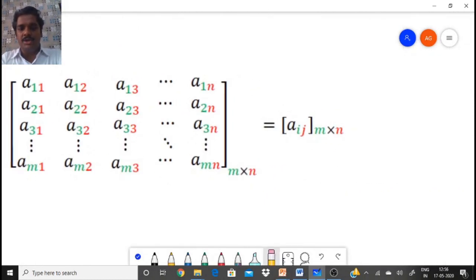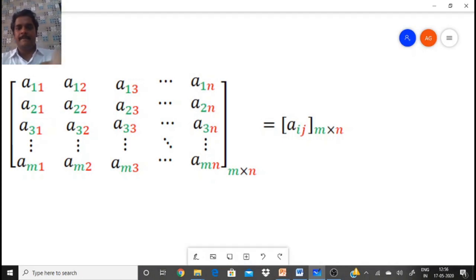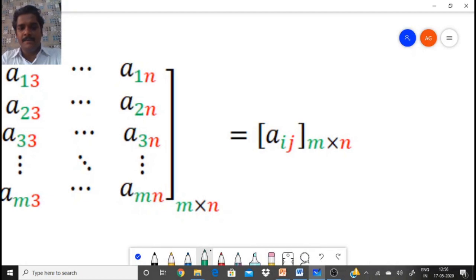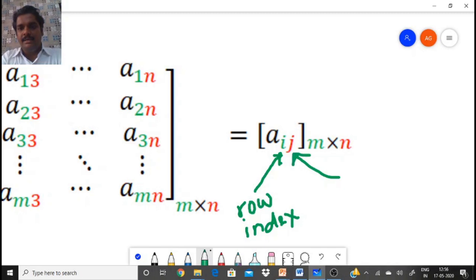Let's talk about this short notation. Here this i represents the row index, and this j represents the column index.